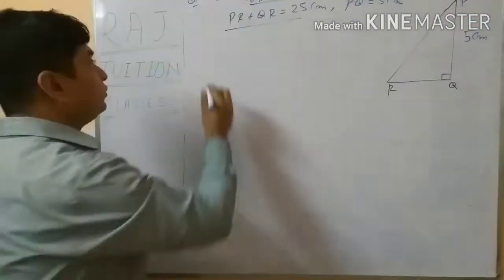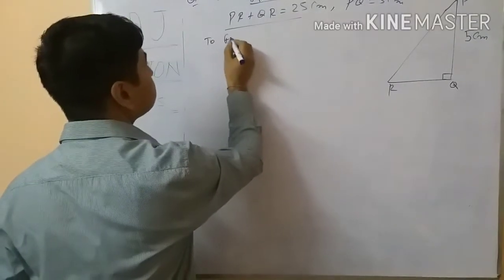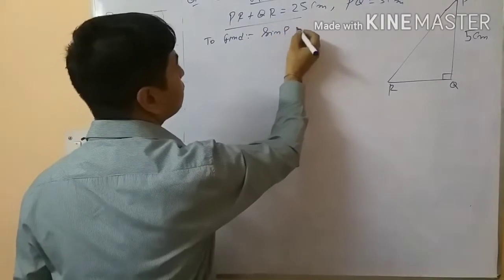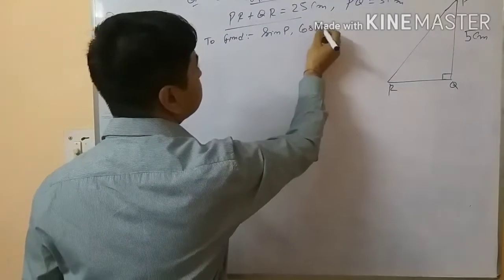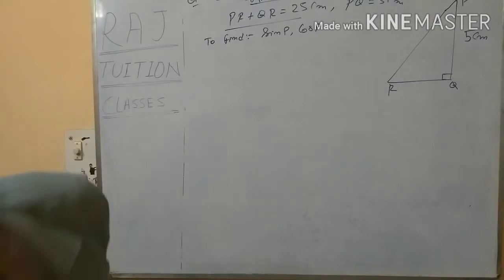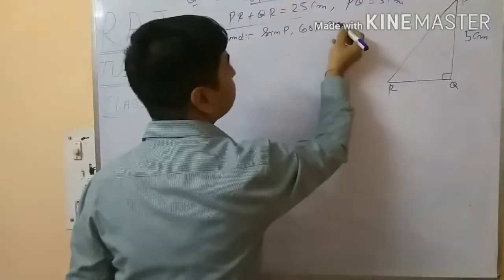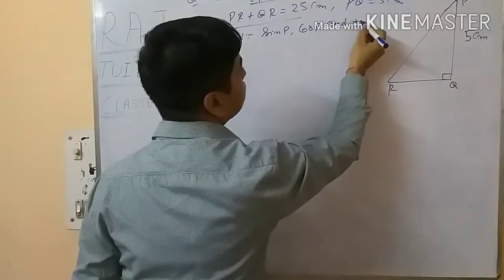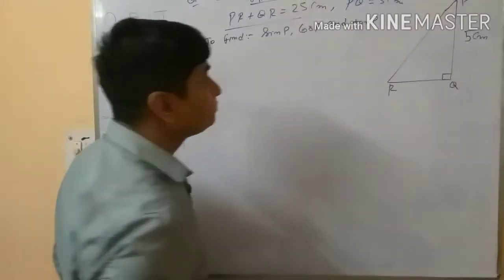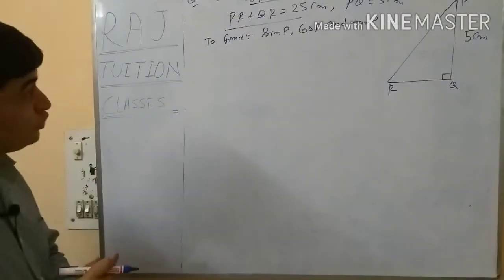To find sin P, cos P and tan P. So how do we find these values?